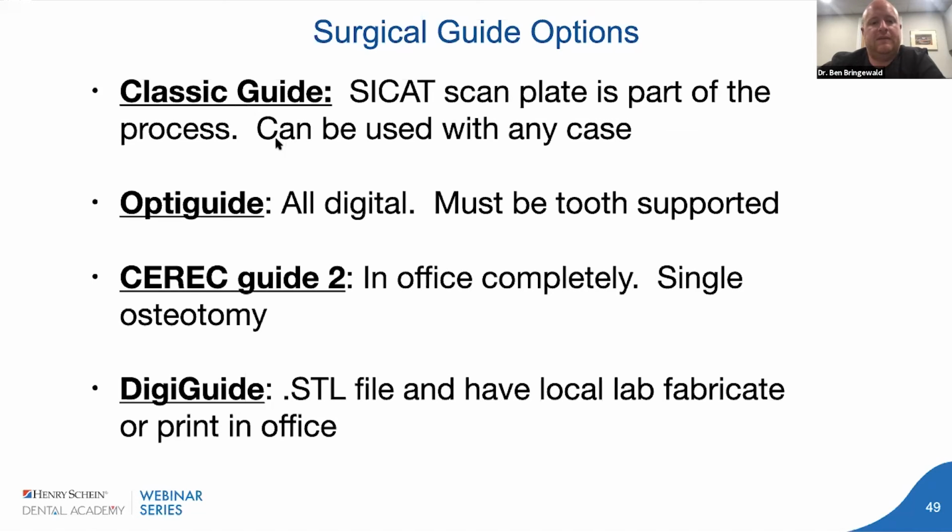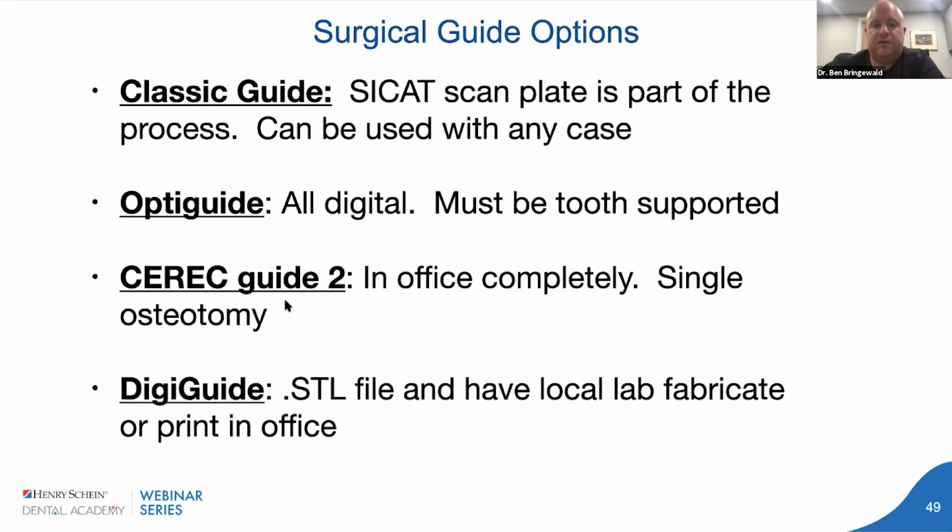The only time that that's really ever used is if, let's say, you have a patient that has a very heavily restored dentition and has crowns on every single tooth, then there's a lot of scatter, and the stitching of the impression and the scan may not work as well. Then the classic guide certainly would be an indication. Or if the patient is edentulous, then that would work as well.